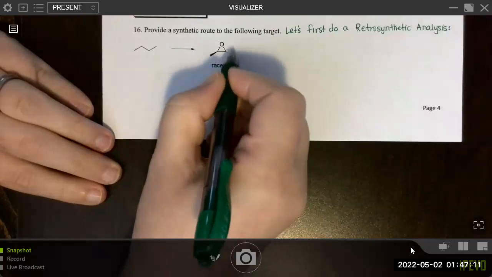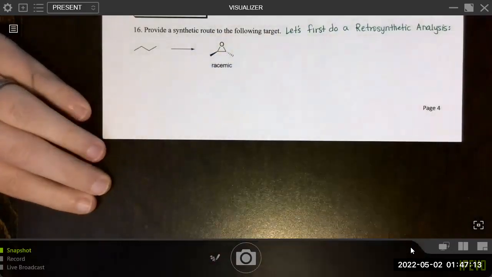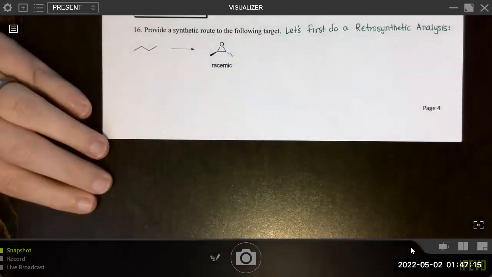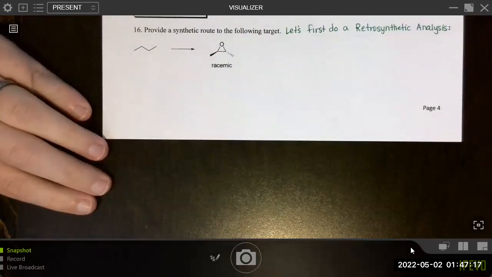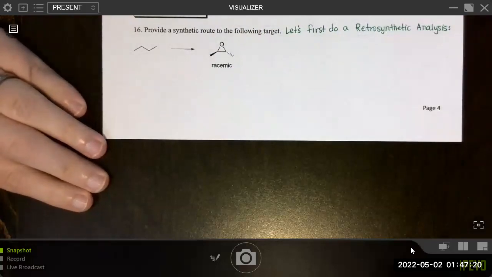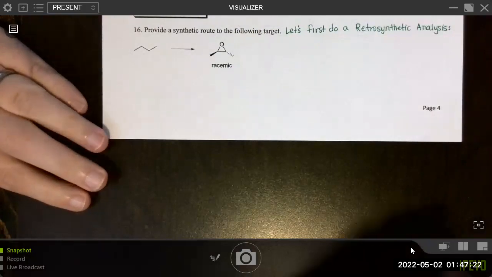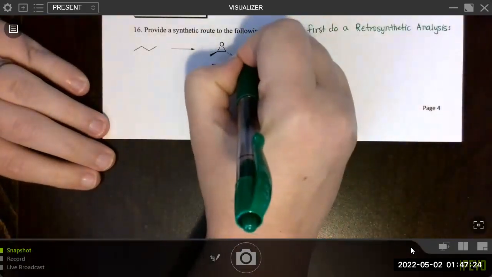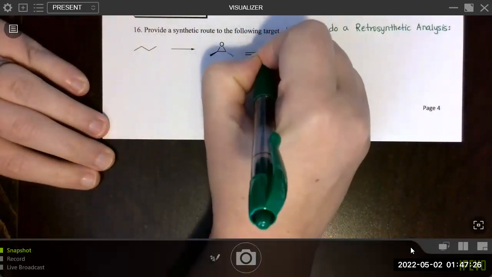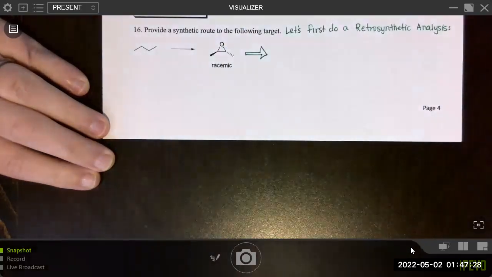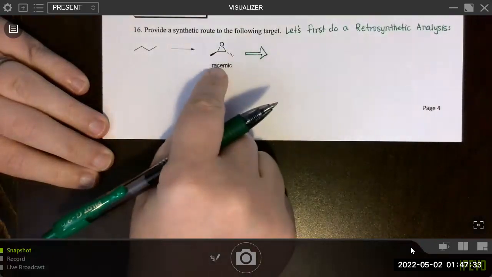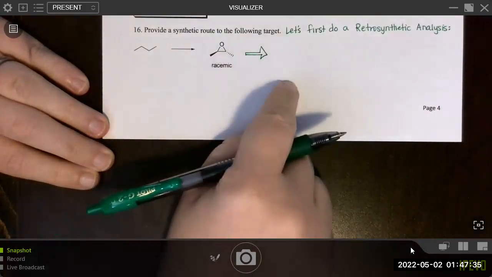So we have an epoxide, right? Epoxides are made through epoxidation using MCPBA or another peroxybenzoic acid. So retrosynthetically, we'll use one of these retrosynthetic arrows, right? So moving backwards. We know that we make epoxides, right, from alkenes.